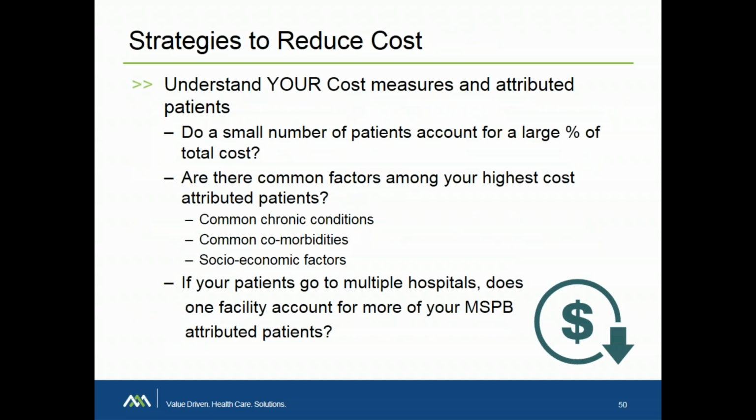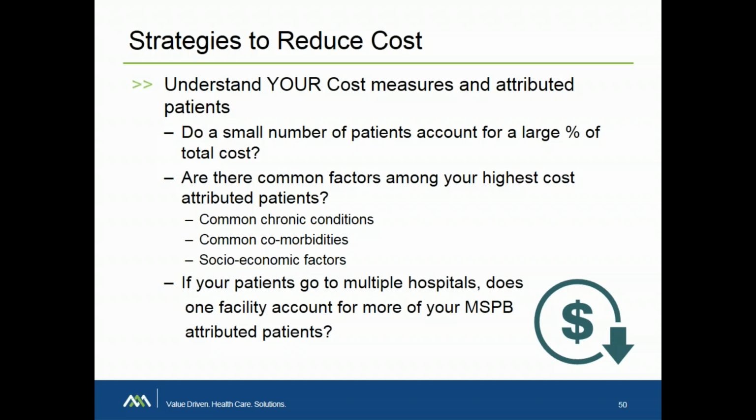So I think one of the most important things you can do is take the time to comb through your beneficiary patient level data just to get a better understanding of who is attributed to your practice and what kind of factors influence that. Do you have a small number of patients who account for a large percentage of cost? Are there common factors among your highest cost patients?